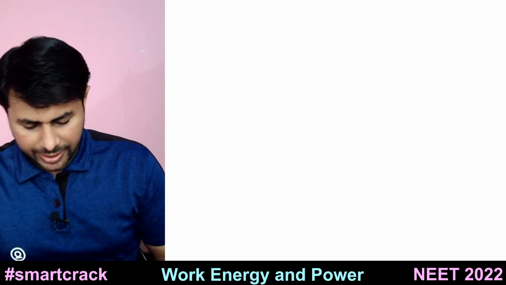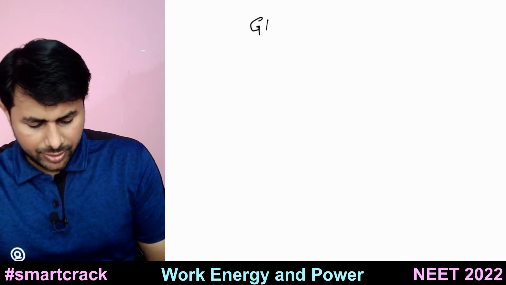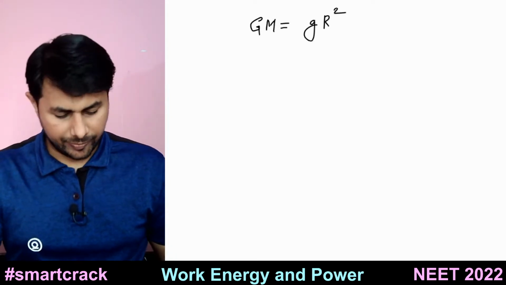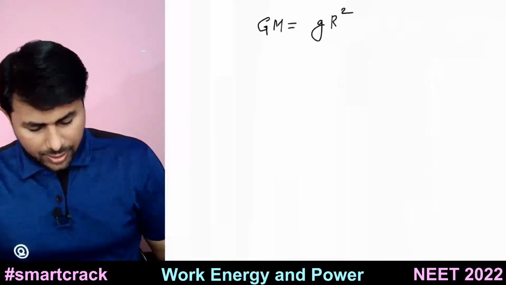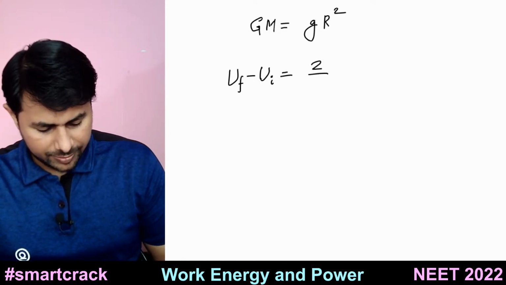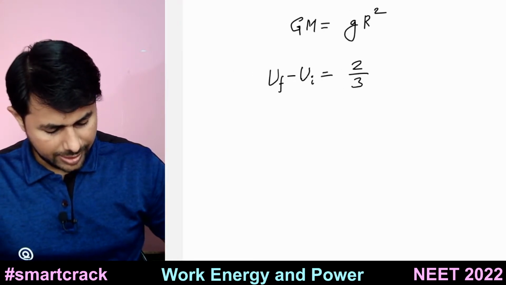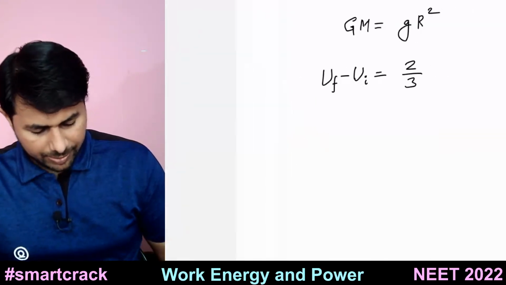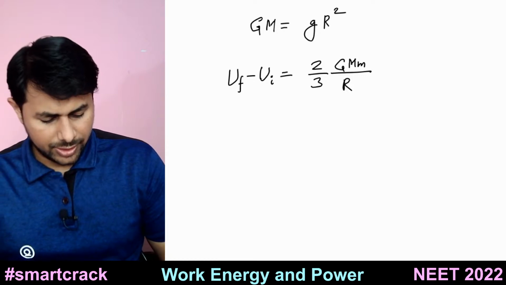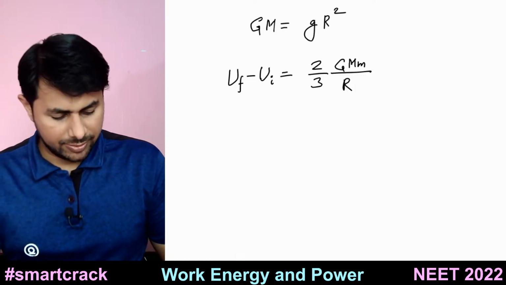Okay, so what I was saying is, the trick is to use GM equals gR squared. Okay, so Uf minus Ui is equal to what? It is 2 by 3 G capital M into small m over R, and use GM equals gR squared in this one.